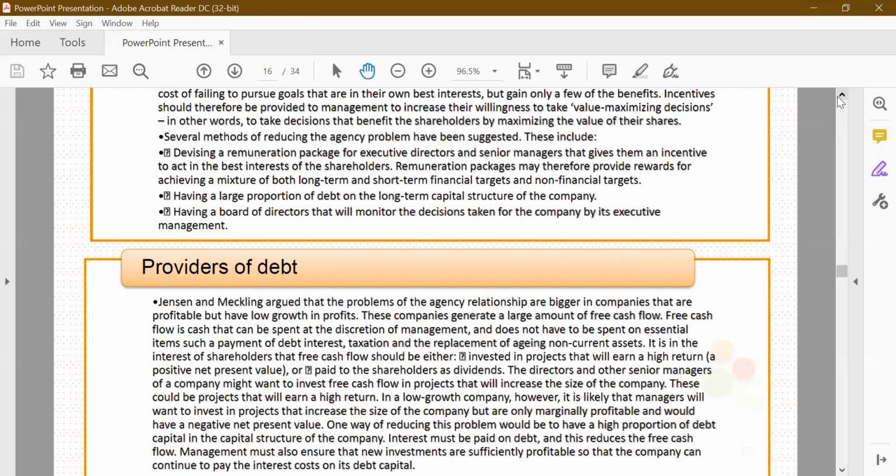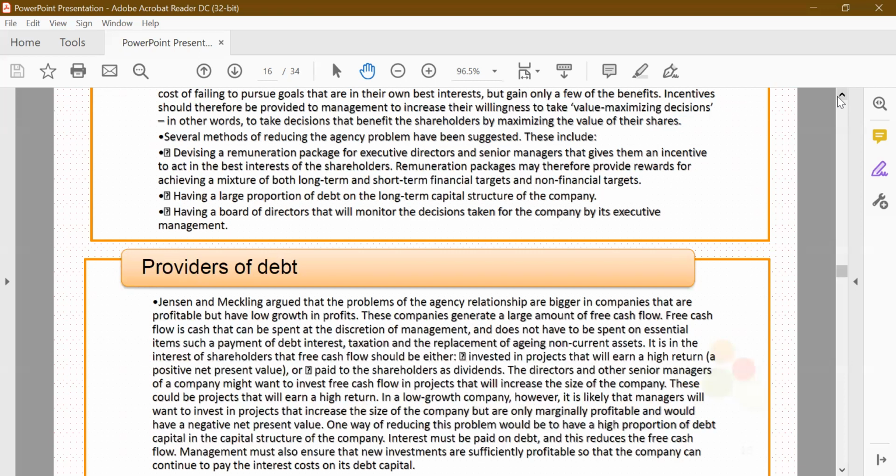Now, you would see here that the directors and other senior managers of the company might want to invest free cash flow in projects that will increase the size of the company. These could be projects that will earn a high return. In a low growth company, however, it is likely that managers will want to invest in projects that increase the size of the company, but are only marginally profitable and will have a negative NPV.